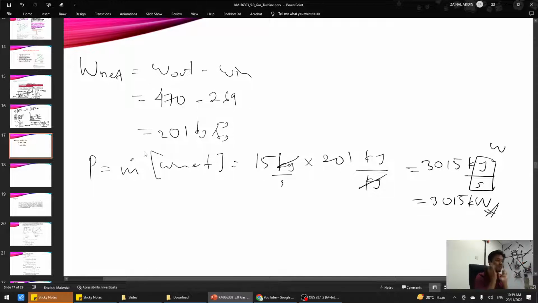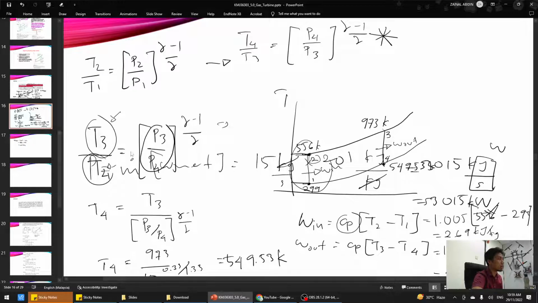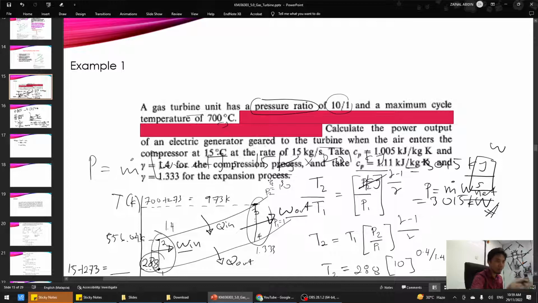Again, you don't need to memorize any formula. But you need to understand the TS diagram, where's the input, where's the output here. You better test yourself, do it yourself instead of watching here. Saya dah upload kan slide ni. You do it yourself and compare your understanding to my understanding based on the TS diagram itself.